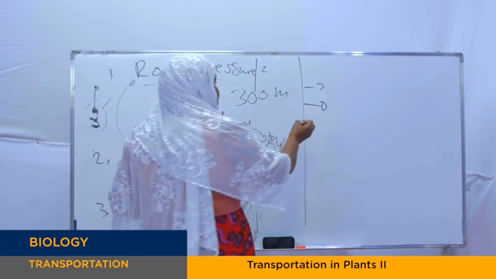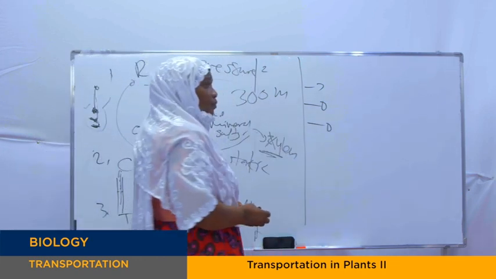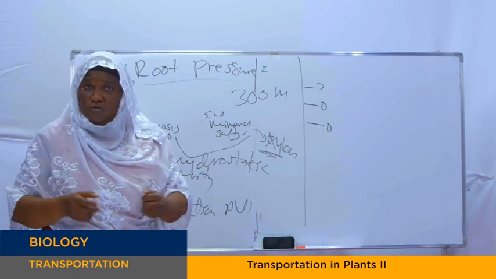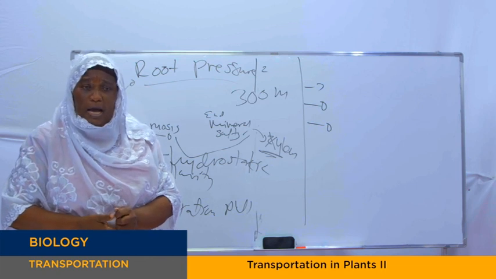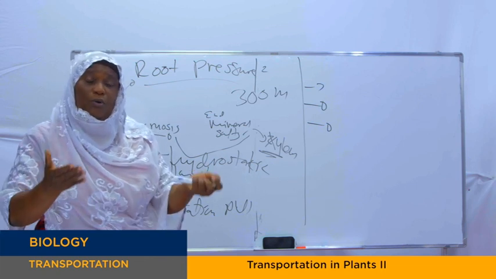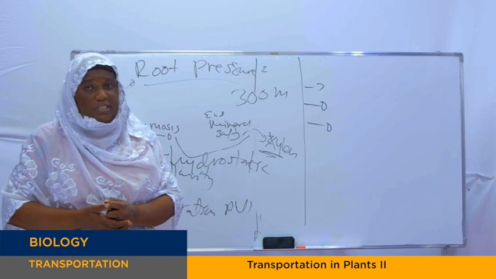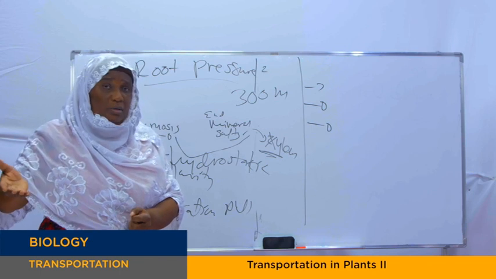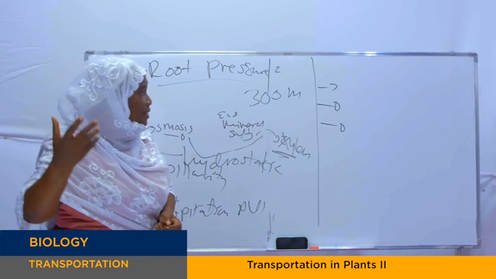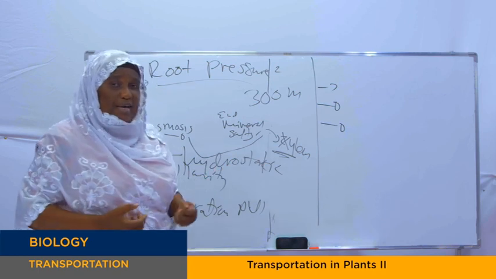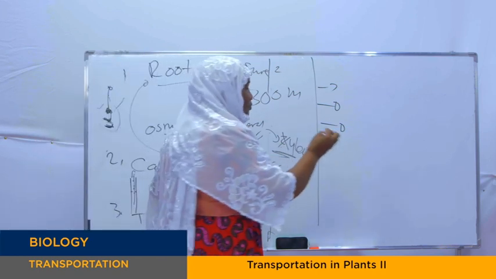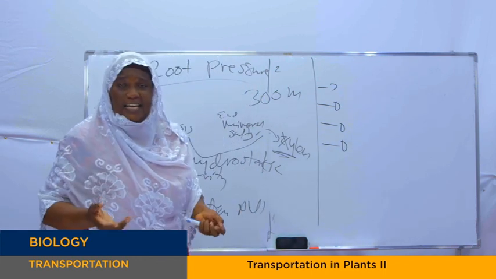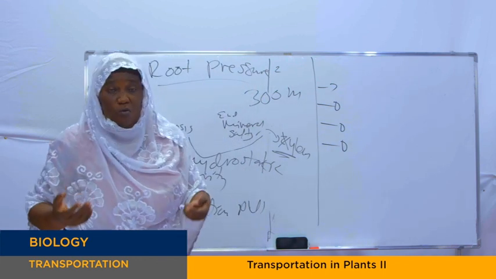Objective number 3 is you are required to explain upward movement of water. Now, are you able to explain upward movement of water? That means in the xylem vessel, are you able? And the last objective is to explain forces governing upward movement of water.